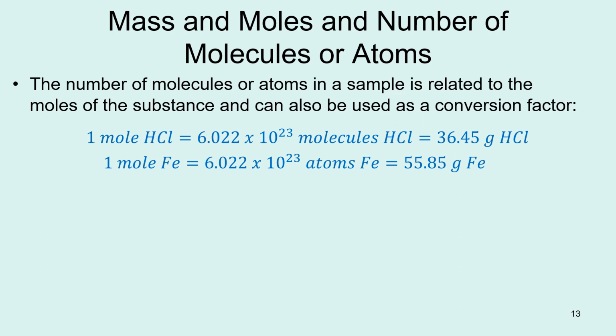We can also have a little fun. It's not very useful, but we can still do it because we know it. Remember that if we have 1 mole of any element, it equals its atomic weight in grams, and it equals 6.02 times 10 to the 23rd atoms.